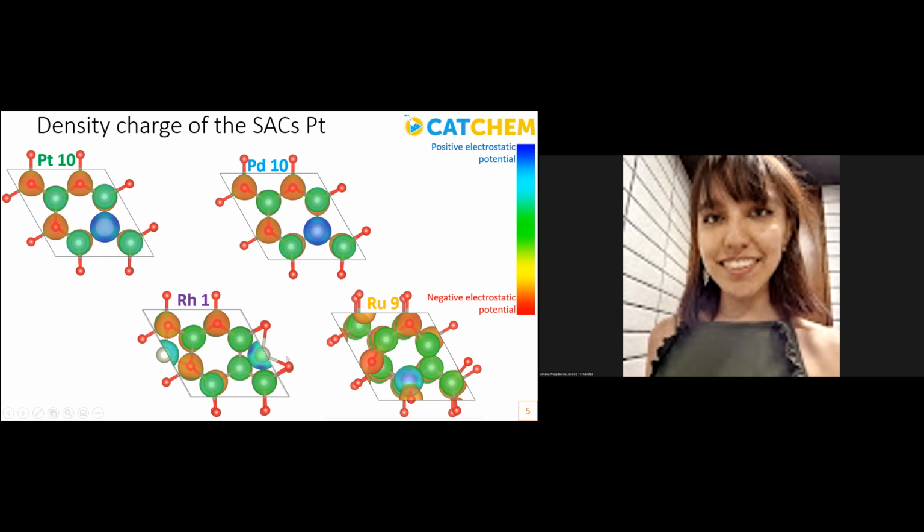Rhodium has a somewhat positive electrostatic potential, but isn't as positive as the other two surfaces. Ruthenium is clearly not possible because it's more neutral and quite close to oxygen, which can make the molecule we plan to adsorb break down.